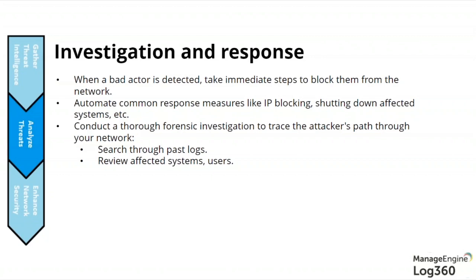You need to see which devices they have been to. You need to see what data they've looked at, and things like so. Your logs would come very useful over here. You need to review which systems they've affected, whether any user accounts are compromised, and you need to come up with a neat list for which you would need to take remediation measures.